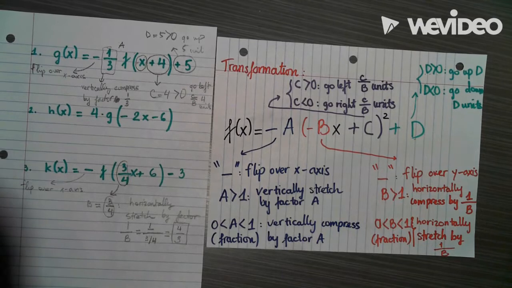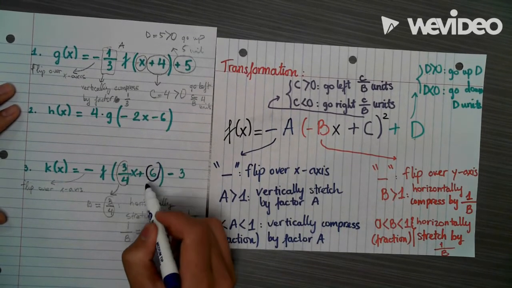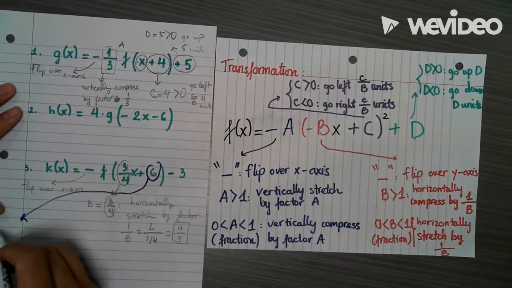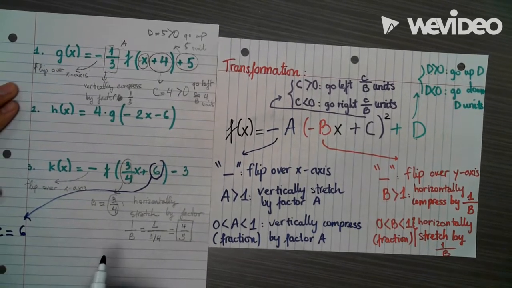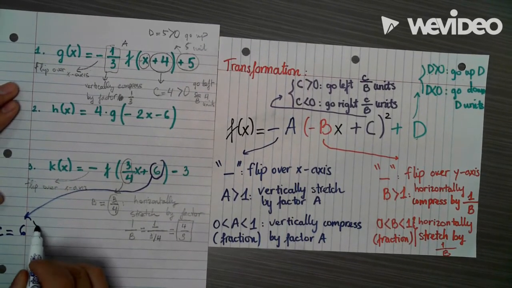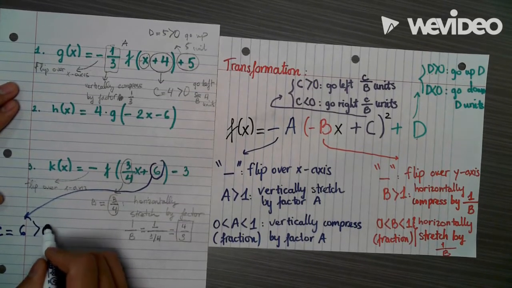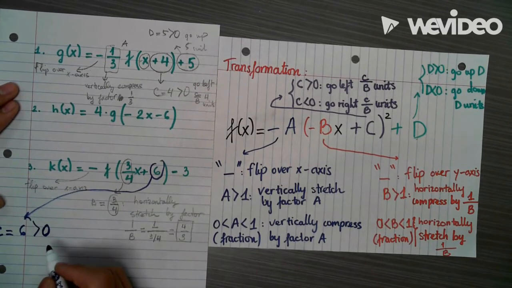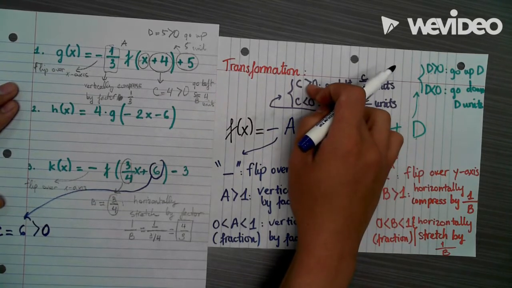Let me use this one. Number 6 here, what does it do? Number 6 is inside a parenthesis, right? So it's C, and C is 6, right? It's greater than 0, right? So what do you say where C here is greater than 0?